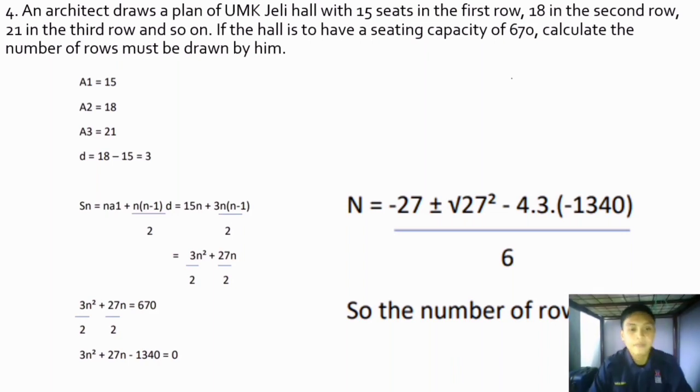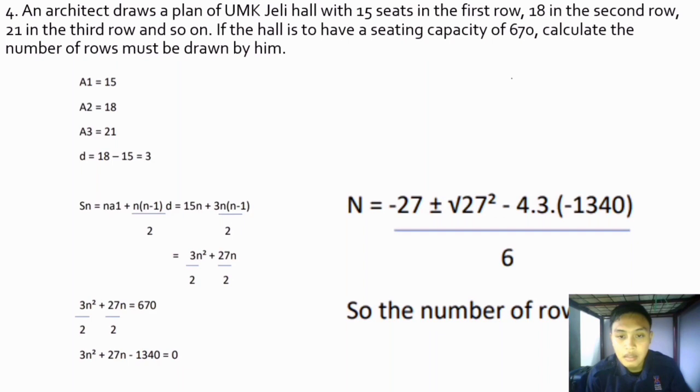So we calculate 3n to the power of 2 divided by 2 plus 27n divided by 2 equal to 617. And then we simplify it, and set up the problem into 3n to the power of 2 plus 27n negative 1340 equal to 0.